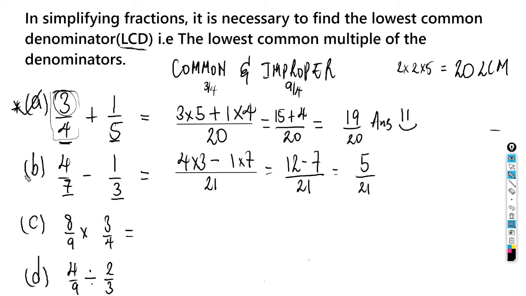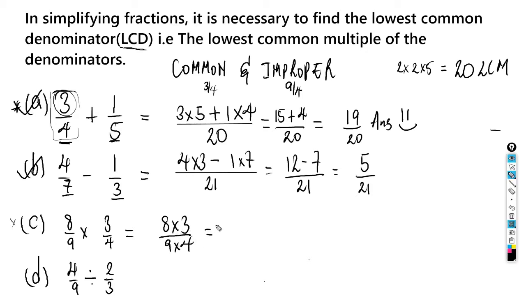So we did A and we did B. Let's look at C, okay? So we'll have 8 over 9 multiplied by 3 over 4. All right, so for this one, there are two ways we can approach this. We can multiply the 3 and the 8, okay? So we'd get 8 multiplied by 3 over 9 multiplied by 4, okay?